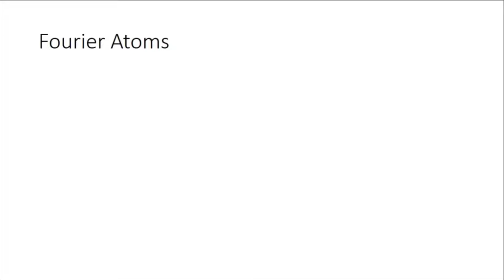Let's go to the next definition of sine waves. Sine waves, sinusoids, are the Fourier atoms, or the Fourier basis. They are called the basis functions or the Fourier atoms. There are lots of different definitions for this. So why Fourier atoms?